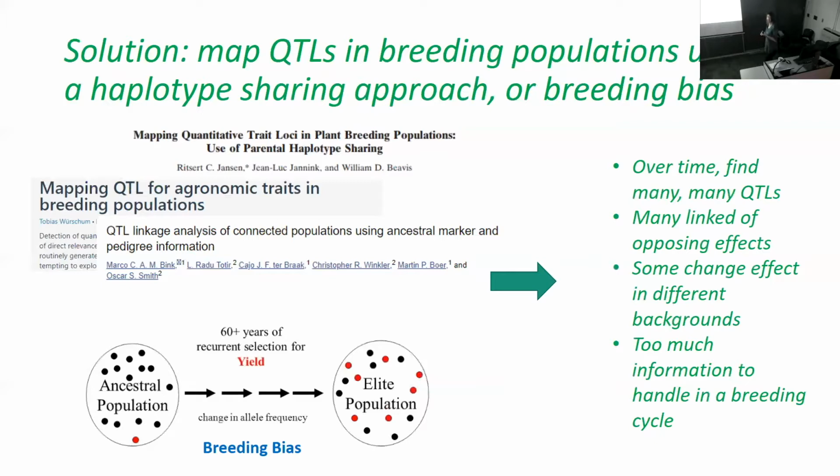So, all good. Apart from, over time, we had so many of these QTLs in our database. Many of them were closely linked or had pleiotropic effects, and closely linked positive and negative alleles in cis, and so breeders weren't going to spend the time to try and break up those relationships.